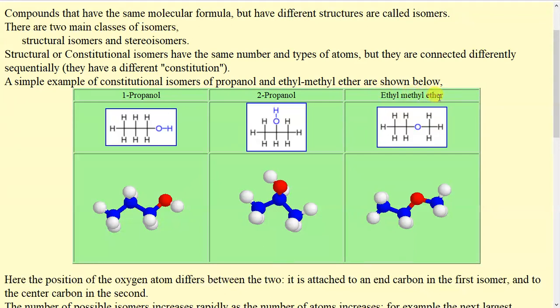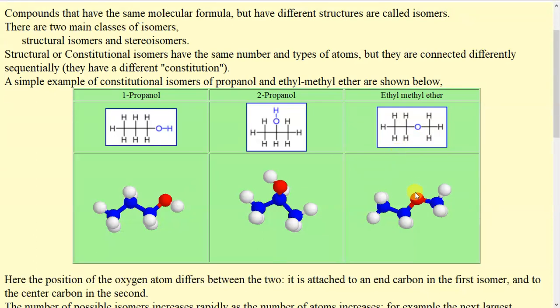While in the third picture you can see that the functional group is totally different from the previous two pictures. In this example there is no hydroxyl group but an oxygen is sandwiched between the two carbon atoms. This functional group is called the ether functional group.